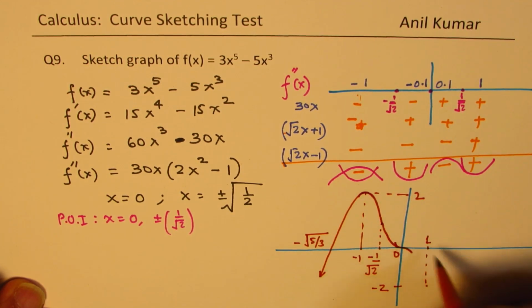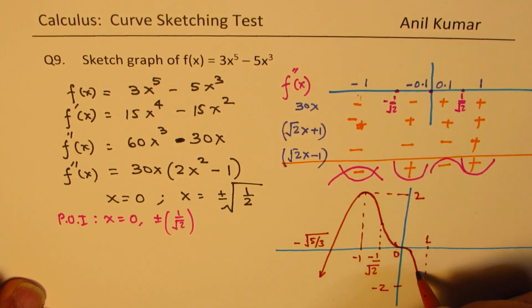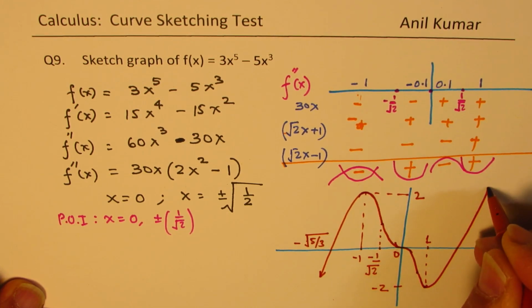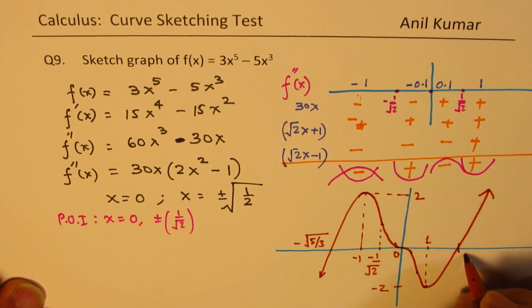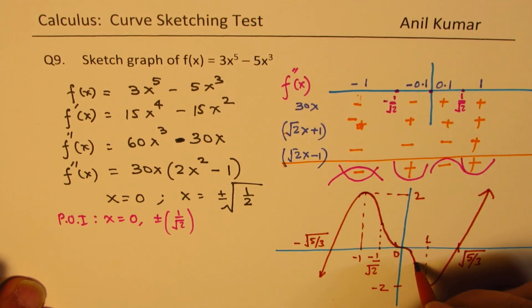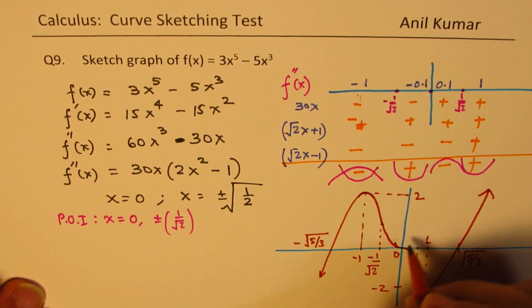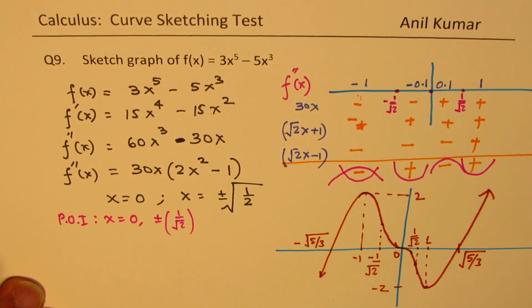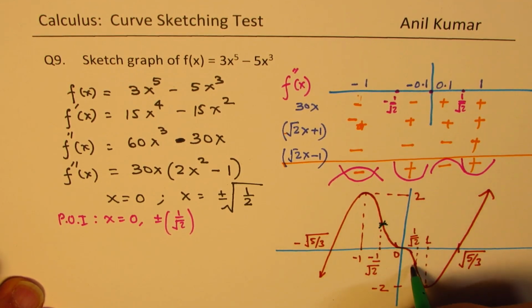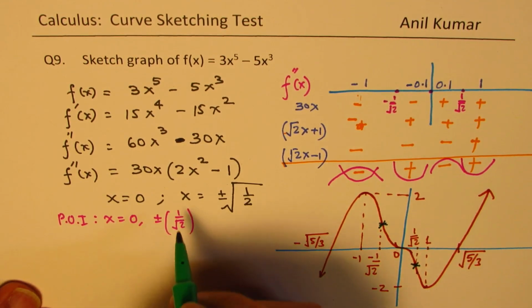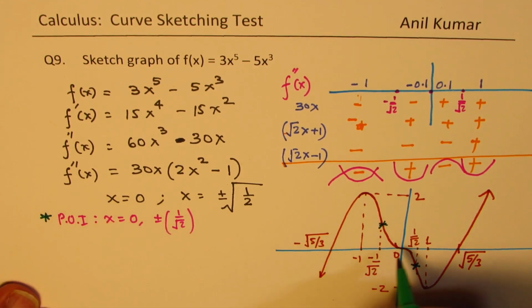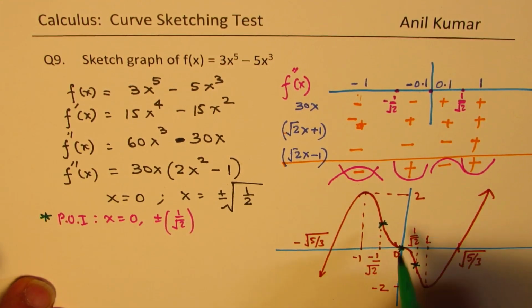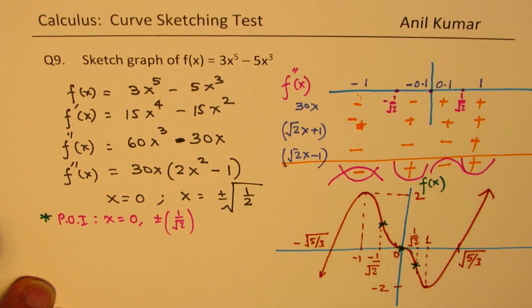It is odd symmetry, so it is going to turn here with this kind of function and then go up, right? Where this point here will be square root of 5 over 3. Is that clear? Now, clearly, somewhere here, which is at 1 over square root of 2, we get a point of inflection. So let me put a star at the points of inflection, which are these points. Is that clear to you? So that is the graph for the given function.